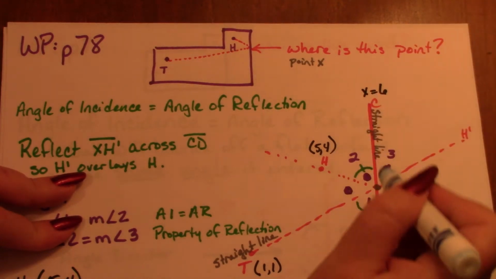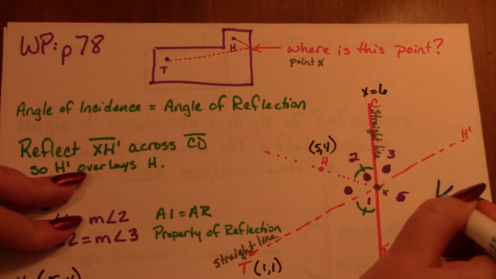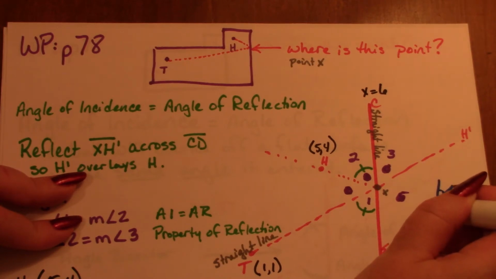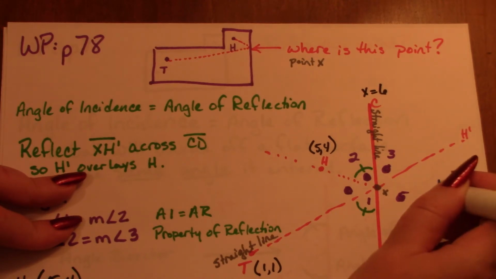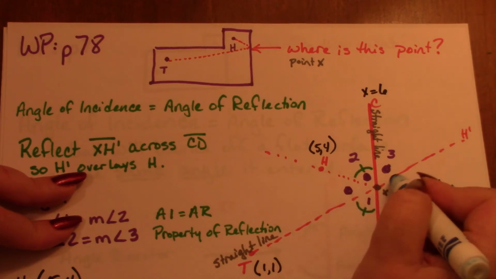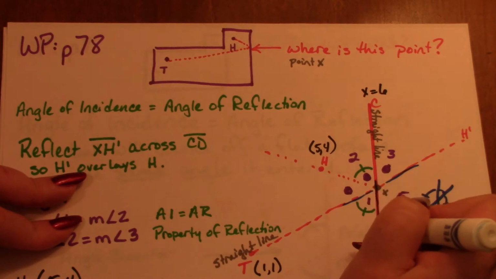Now we know from algebra last year, when we have two lines that intersect like this, that this angle equals this angle, and this angle equals this angle. So we have an X here made out of this line and this line.